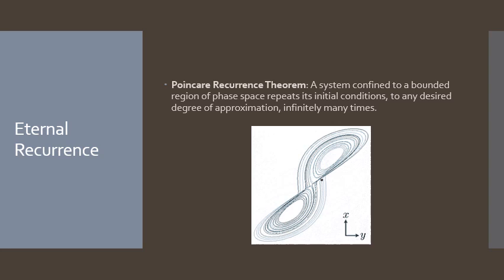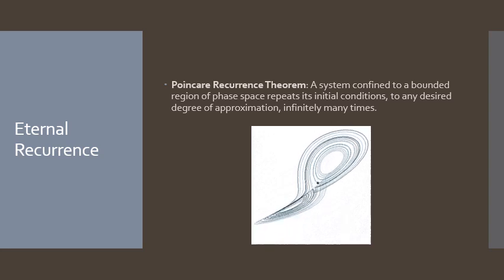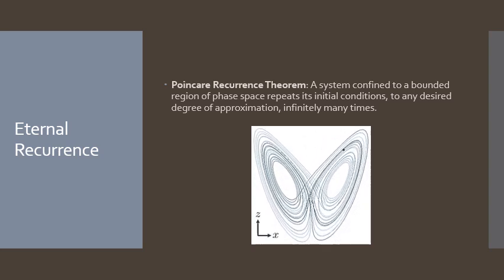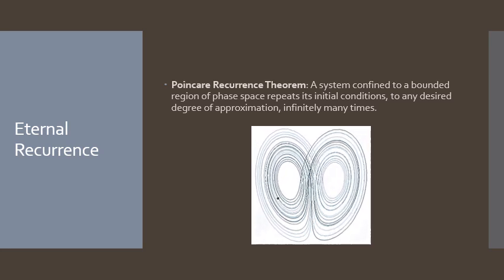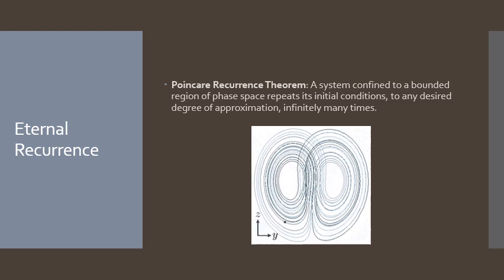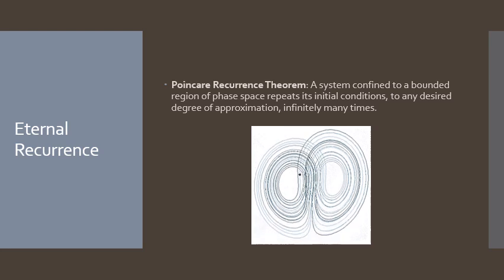Then you have to have a bounded region of phase space. On the other hand, if the universe is expanding infinitely forever, then the phase space is unbounded. So we don't know for sure that these conditions obtain for this theorem, but it is nevertheless an interesting result, and it may well be true.